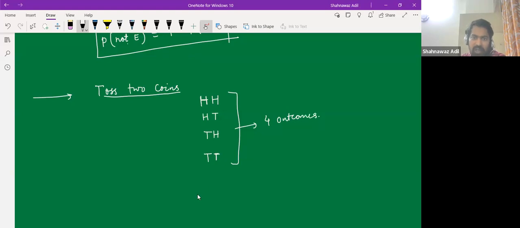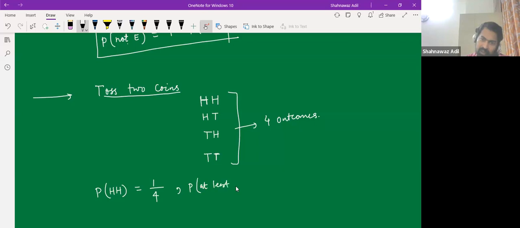If I ask you the probability of getting 2 heads, that is 1/4. And if I ask you the probability of getting at least 1 head, what would be the probability? 3/4.